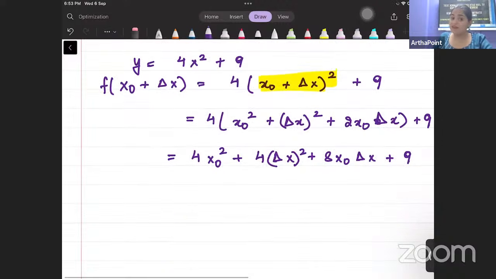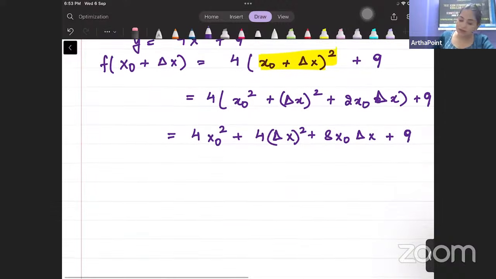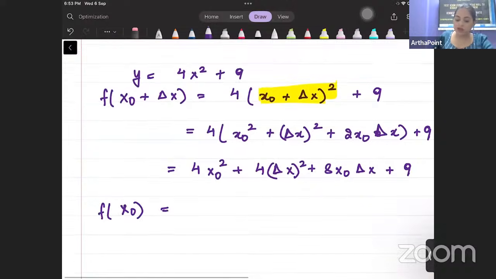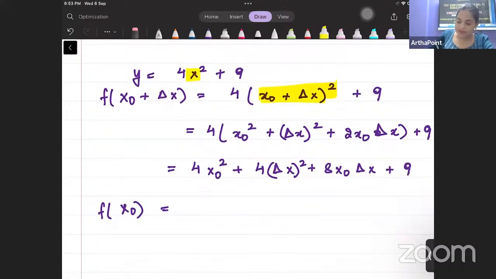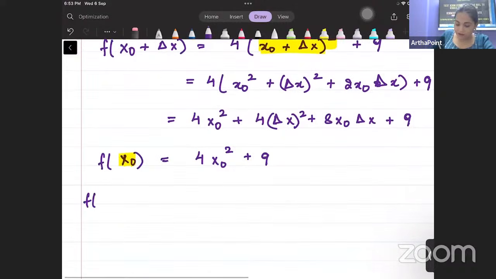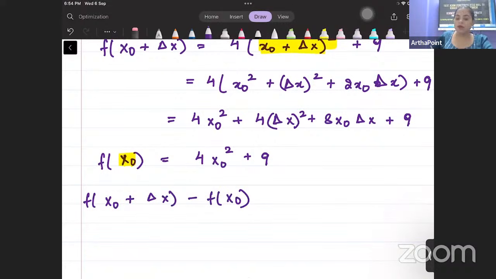This is very, very easy. Now in the function we will put only x naught. If in the function instead of x I write x naught, what will I get? I will get 4 x naught whole square plus 9. Now find out f of x naught plus change in x minus f of x naught, the difference of these two.